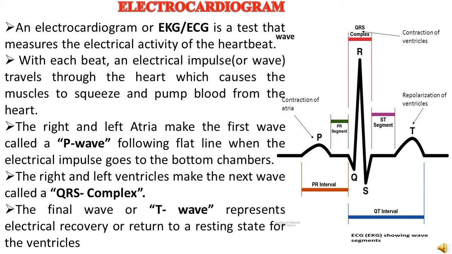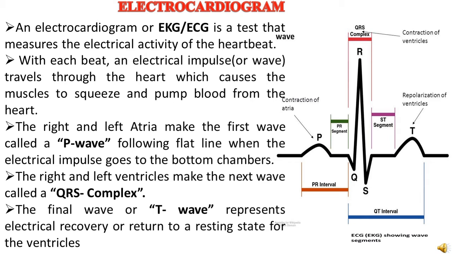The final wave is the T wave. Before reaching the T wave, we can see another flat line where the electrical impulse again moves from the bottom chambers upwards. This is represented by the ST segment. The T wave is the electrical recovery or the return to a resting state for the ventricles, that is the repolarization of the ventricles.